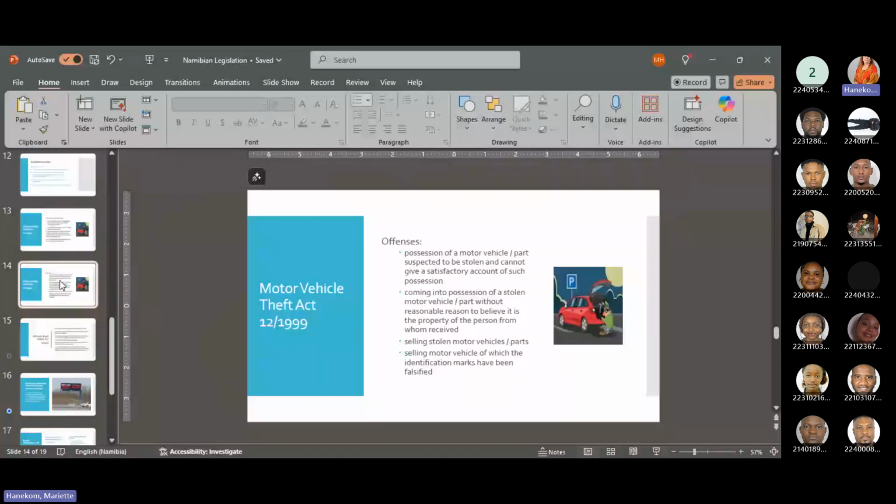So, just some of the offences that are created in the Motor Vehicle Theft Act. As I explained, these are alternative offences to the crime of actually stealing the vehicle.